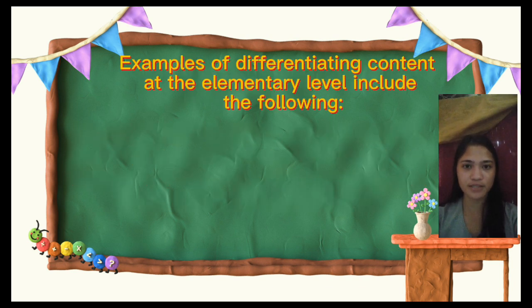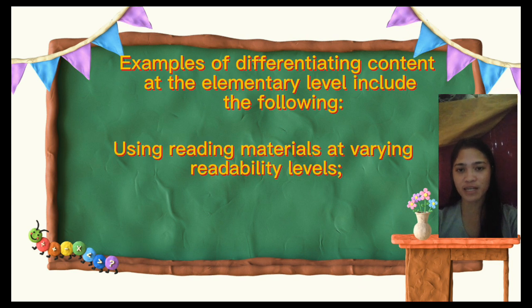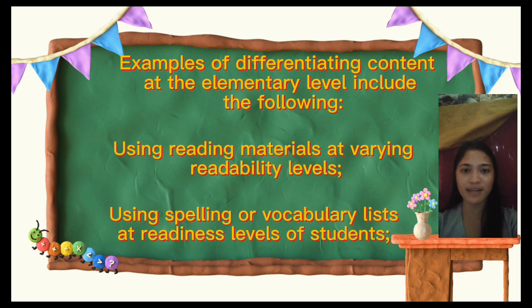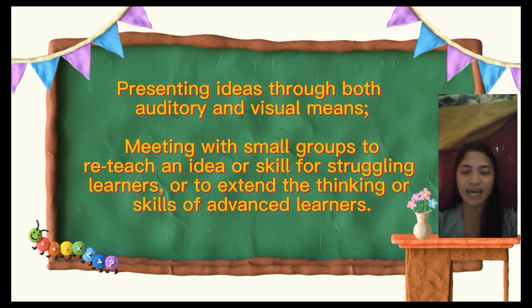Here are examples of differentiating content at the elementary level, including the following: using reading materials at varying readability levels, using spelling or vocabulary lists at the readiness level of students, presenting ideas through both auditory and visual means, meeting with small groups to reteach an idea or skill for struggling learners or extend the thinking or skills of advanced learners.